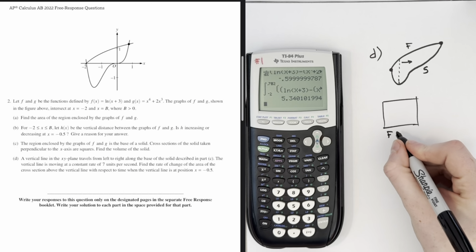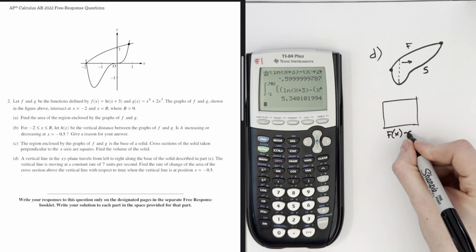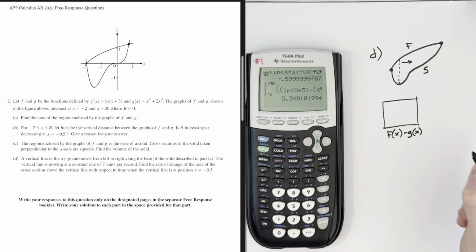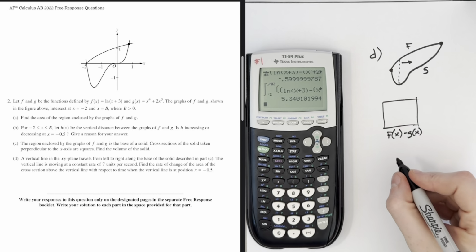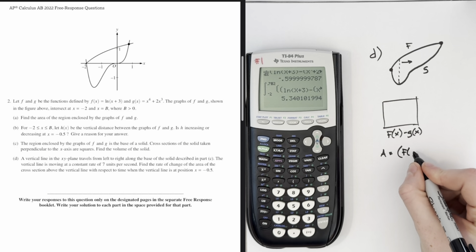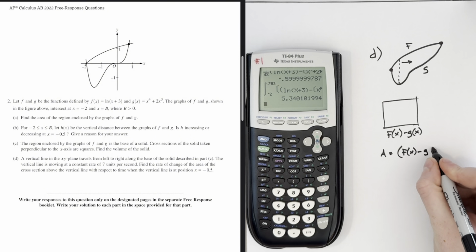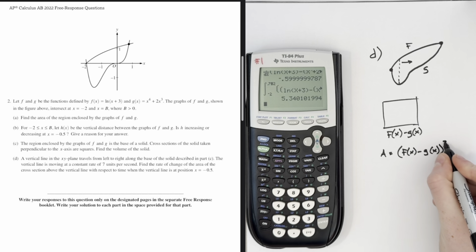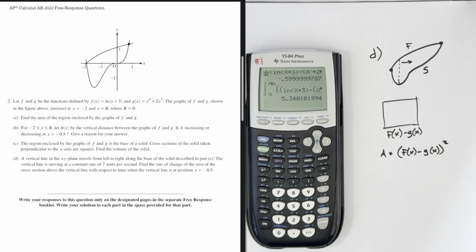And we know that the side length of this square was F of X minus G of X. And our area of this square, of our cross-section, is F of X minus G of X squared. Okay, so that's all information from the last problem. I mean, we could call this A of X, right? That's just my cross-section based on my position, X, right?